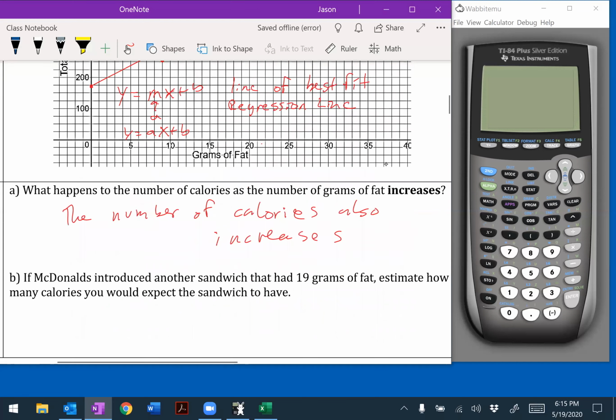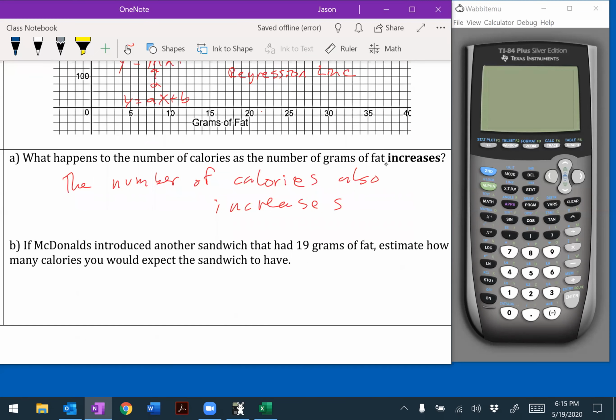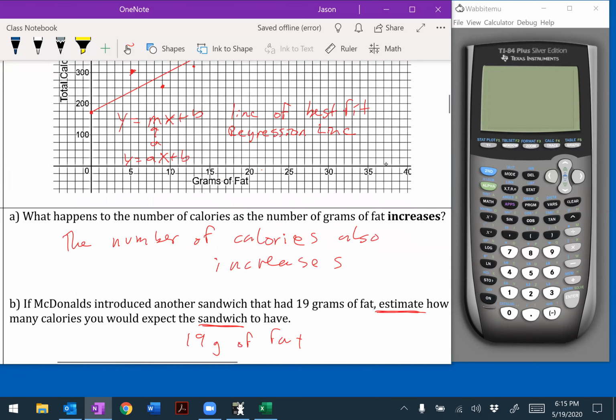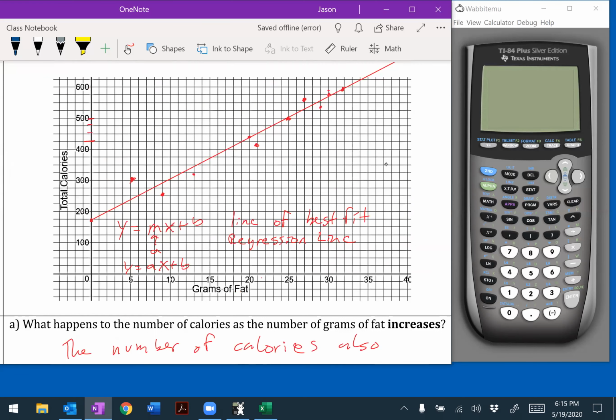Okay, if McDonald's introduced another sandwich that had 19 grams of fat, estimate how many calories you would expect the sandwich to have. So 19 grams of fat, if we go back to our graph here, let's estimate 19.